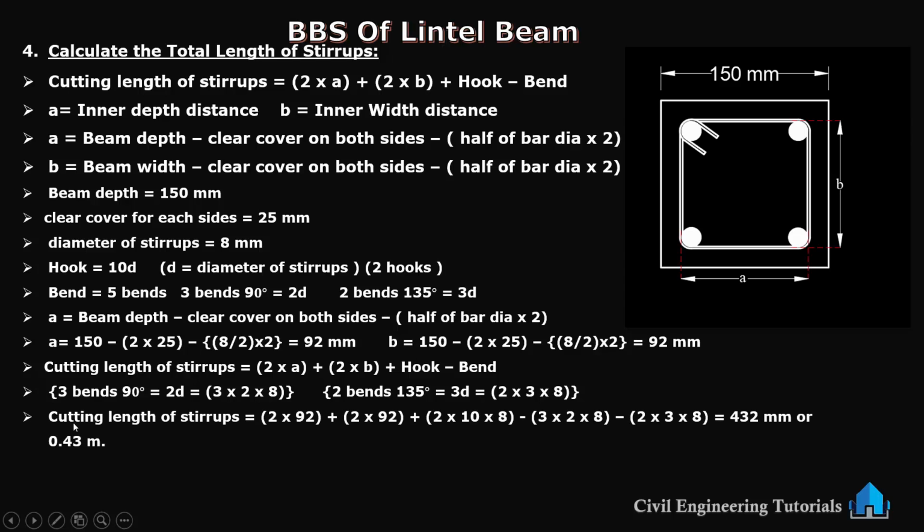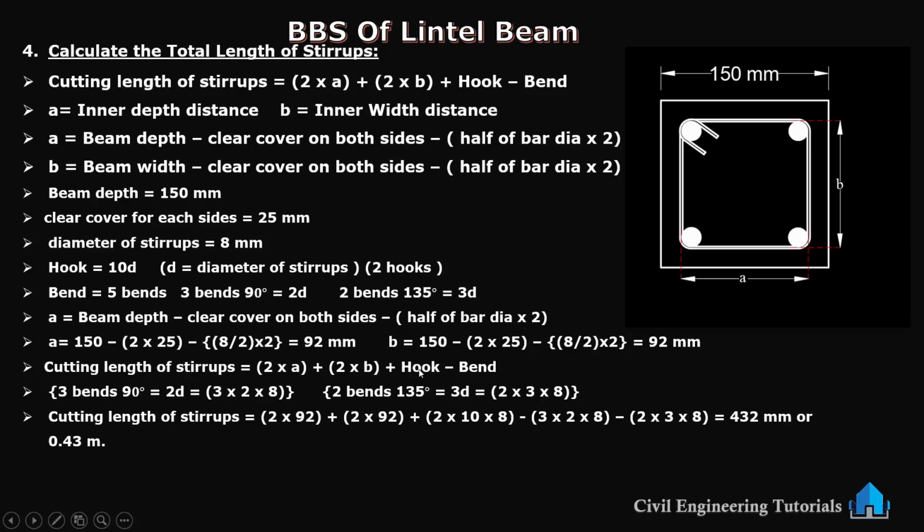Now cutting length of stirrups we will calculate. 2 into A, 2 into 92, plus 2 into B, 2 into 92, plus hook. Hook we have calculated 10D.